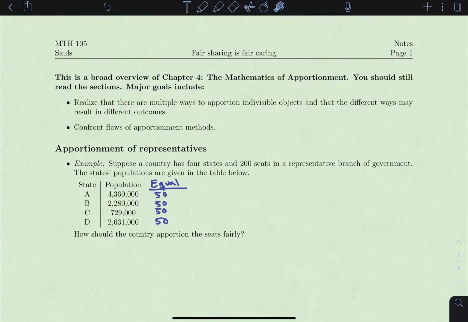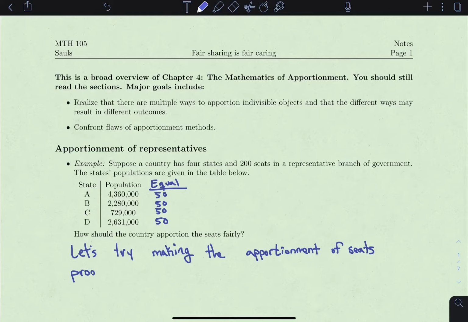So your next inclination might be, why not make them proportional? Let's try making the distribution of seats, or the apportionment of seats, we should use the right word, proportional to each state's population.